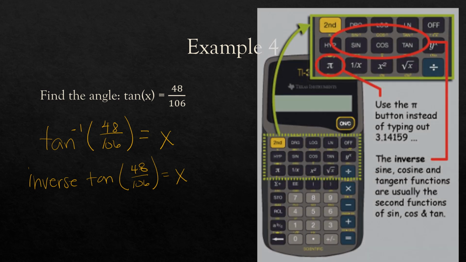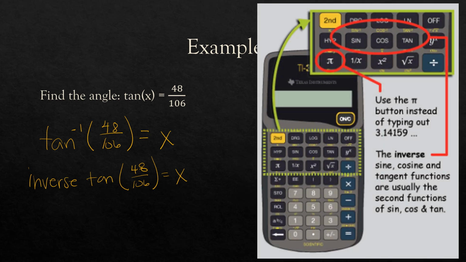Let me show you what it looks like on your calculator. If you have a scientific calculator like this, you're going to be using, it's right here, sine, cosine, and tangent, but above it, you should see a sine -1, a cosine -1. So you'll push the second button and then tangent in this case. So second tangent would give you the inverse tangent.